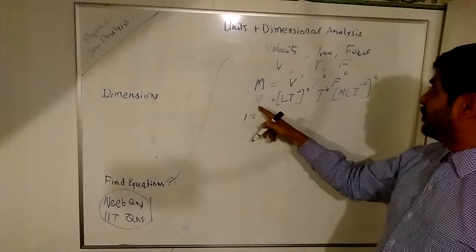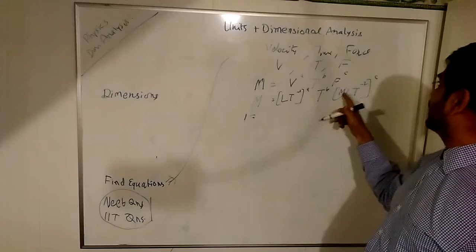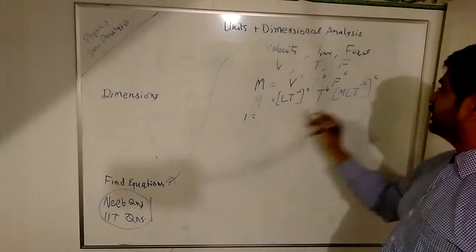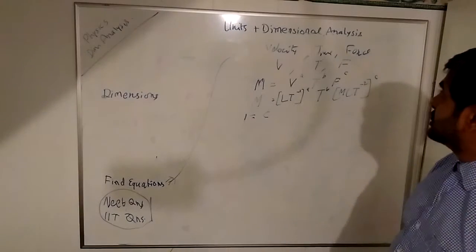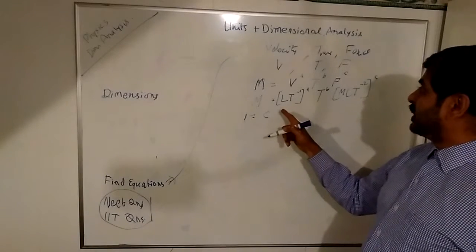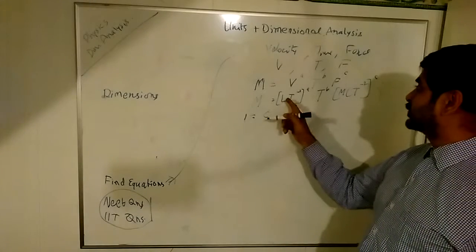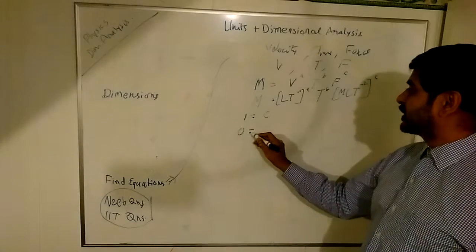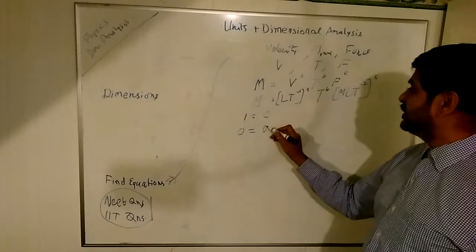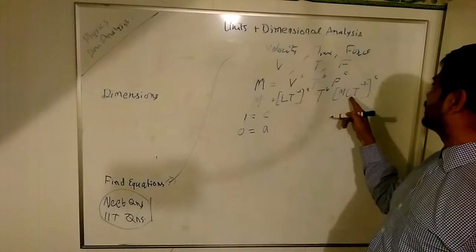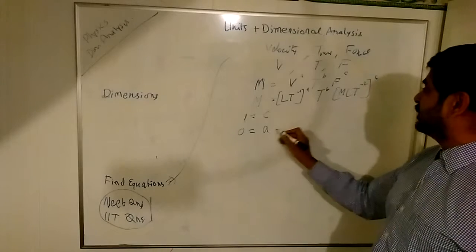Now mass here is M to the power c, so this will become 1 is equal to c. And then let's equate the dimensions of length. It is 0 here. On the right hand side, L to the power a here, and where else we have c, L here. So L, a plus c is equal to 0.